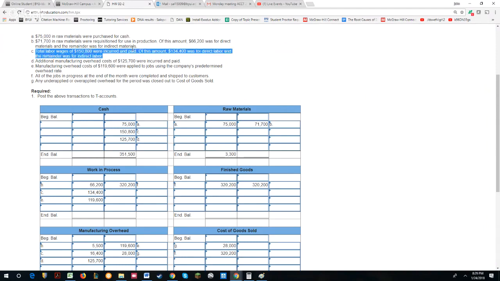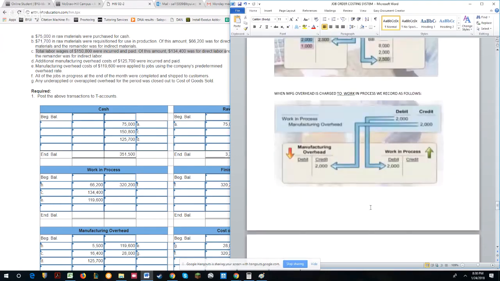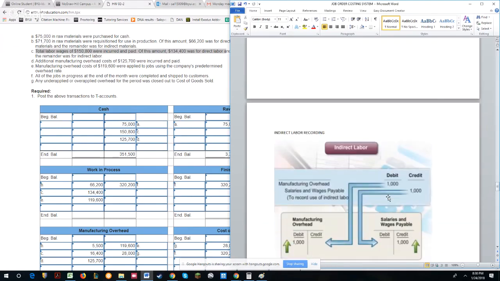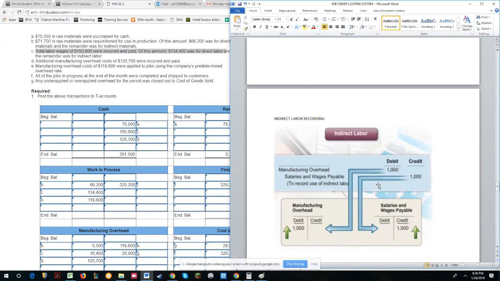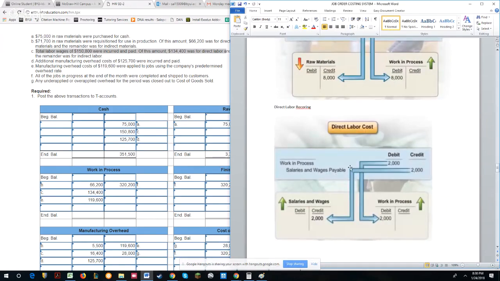So total C, labor wages. Let me see if I got my note here, why I did this one. So I think this one's right here. So indirect labor, you would debit manufacturing overhead and credit salaries and wages. And then direct labor would be debit work in process, credit salaries and wages.